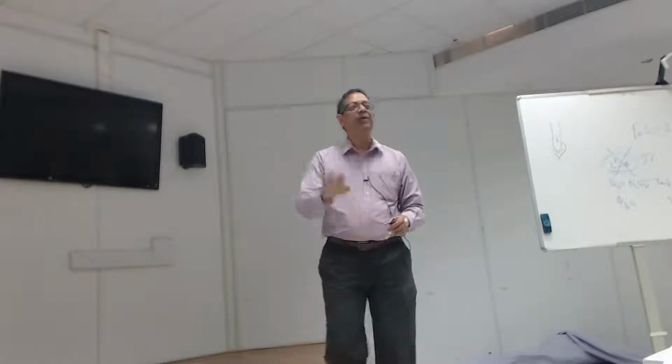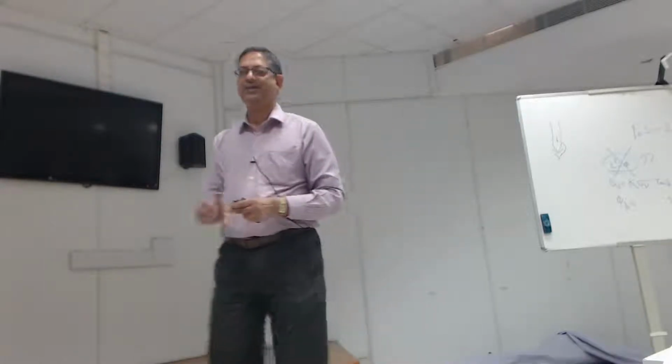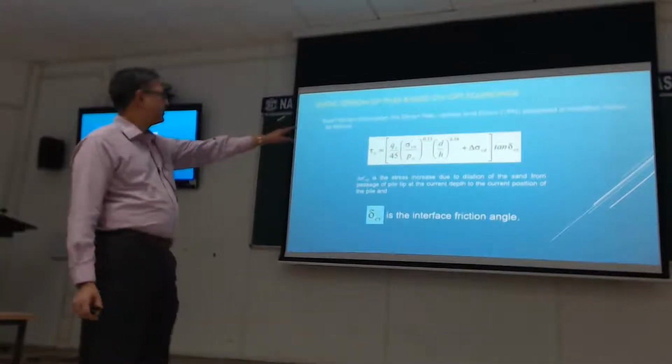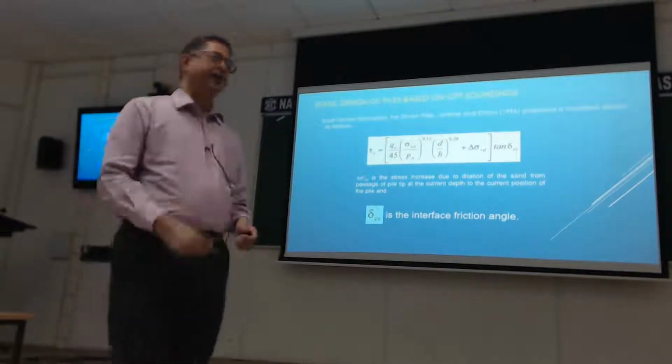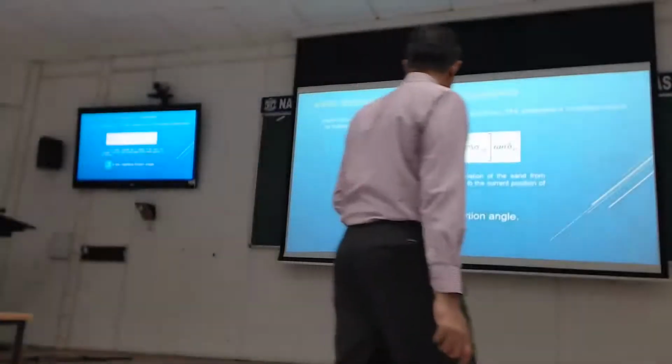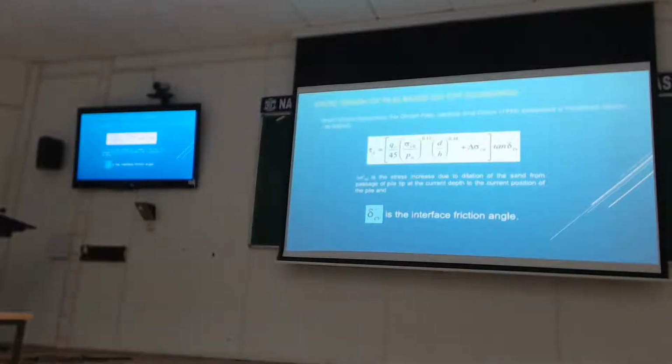It's not just, oh, we'll multiply with the factor and hope for the best. This is really critical stuff. And that delta sigma dash RD is there to capture that dilation effect that happens in the soil. And delta CV, of course, is the friction angle at the interface between pile and soil. Again, there's a lot of research, if you're interested, on what this delta CV will be for sand and for clay, because where the shearing happens is not the same.